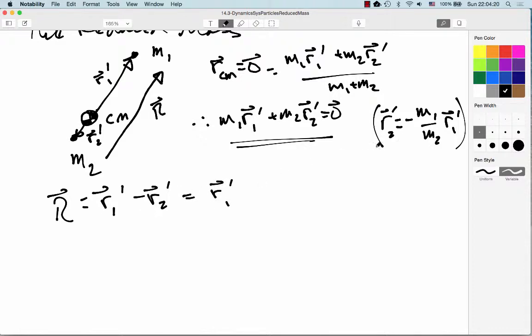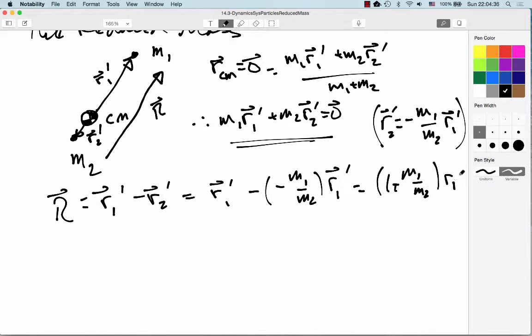Then r2 prime is minus m1 over m2 r1 prime, so this becomes minus a minus. So that gives us (1 plus m1 over m2) r1 prime. And then we'll rewrite this as r1 prime, the actual orbital distance, equals R, which is the thing that we can actually measure, over 1 plus m1 over m2.